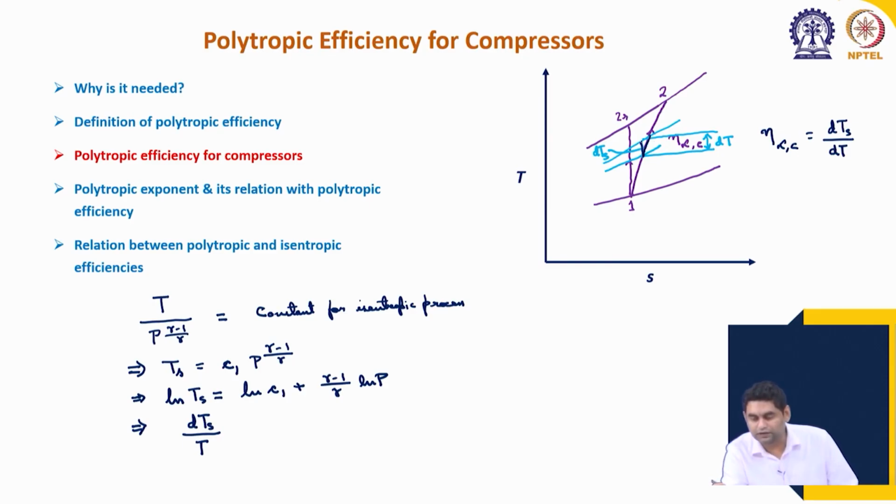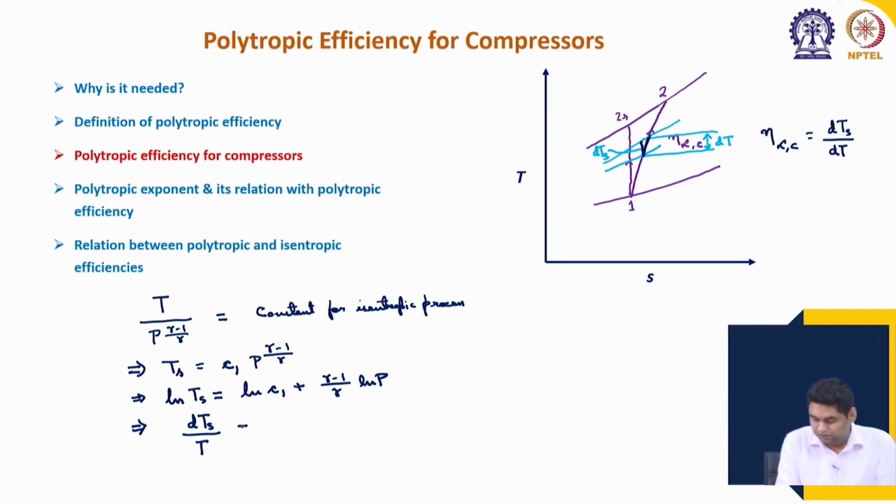So, in one case Ts denotes the change along the isentropic line and T denotes the change of temperature along the actual line, but both are temperatures. So, we need to differentiate with respect to temperature only. This is equal to gamma minus 1 by gamma dP by P.